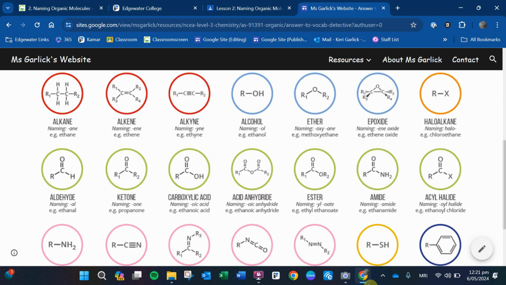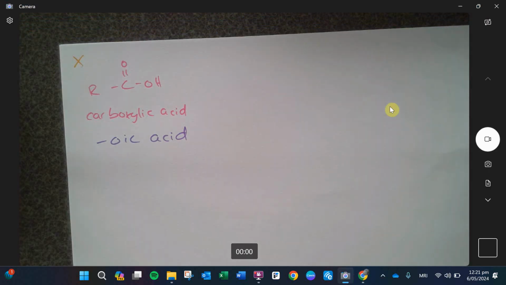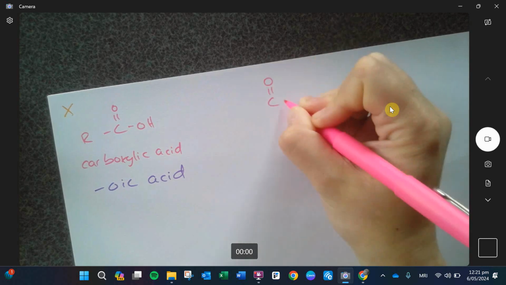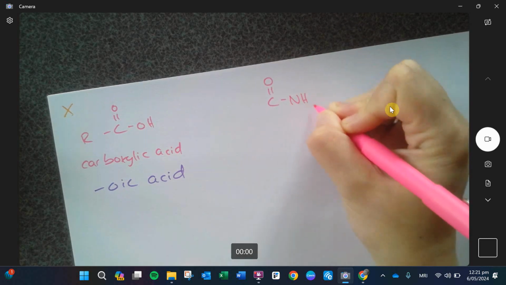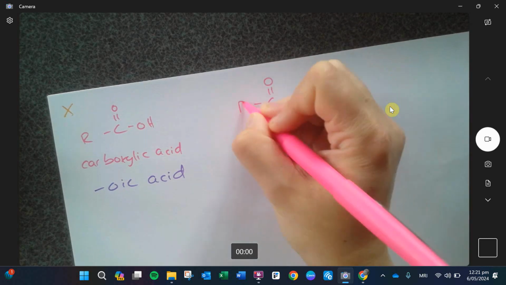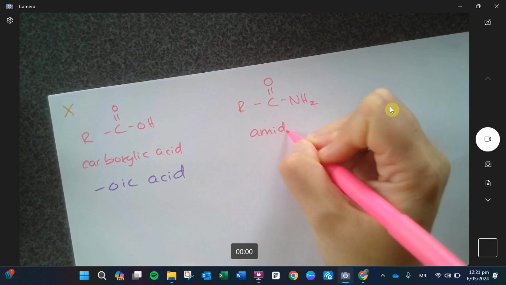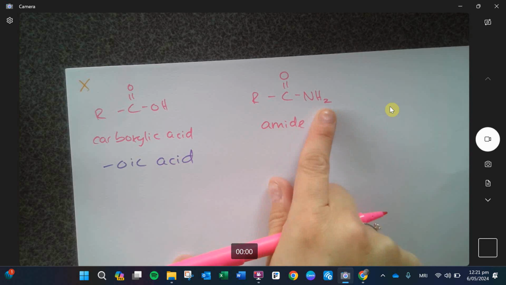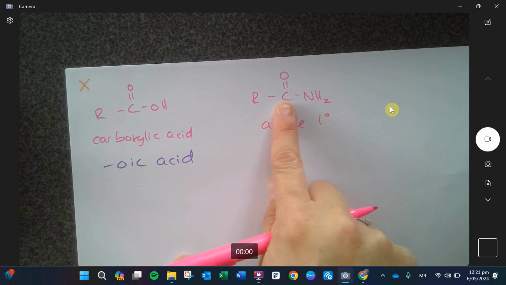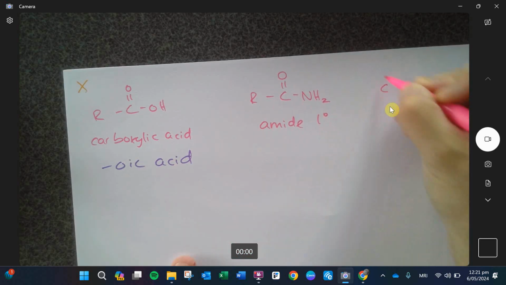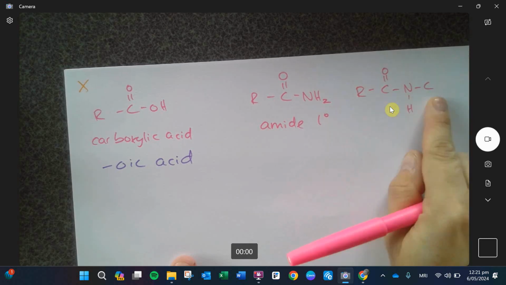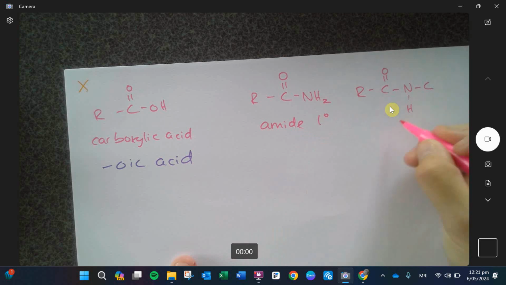Amides. Again, it gets a little bit complicated sometimes. I'll just give you guys the basic. This here, that's an amide, and we call this one a primary amide because this nitrogen here is only attached to 1 carbon. You could also get amides where the nitrogen's now attached to a carbon, like that. So you see how this nitrogen is attached to 2 carbons? That's still an amide, but now it's a secondary.